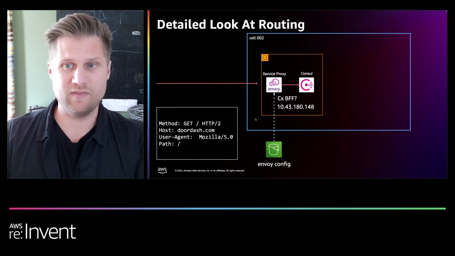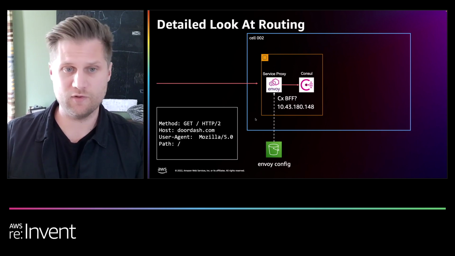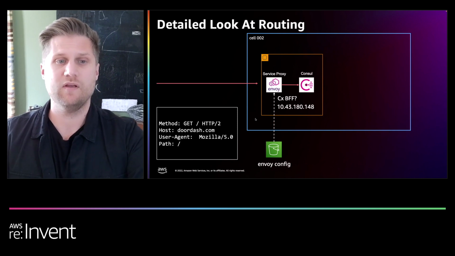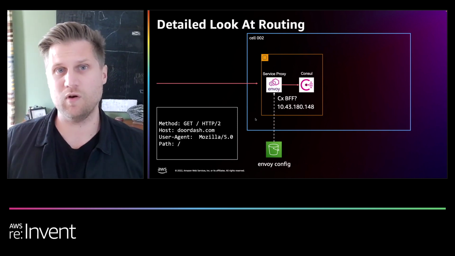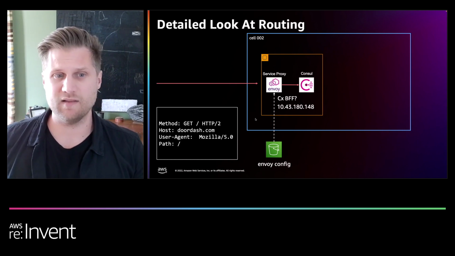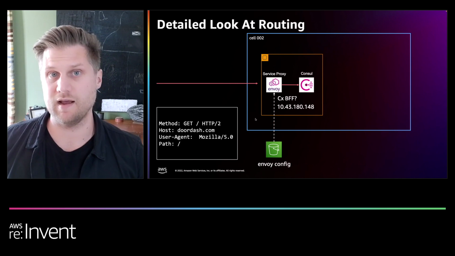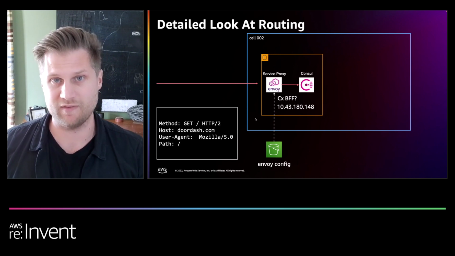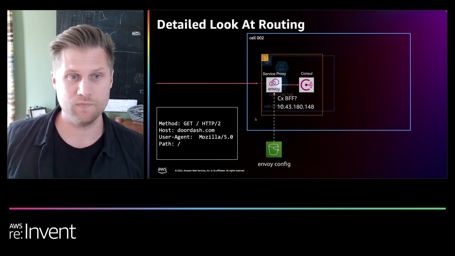Let's say the request in this case is trying to resolve the consumer BFF. Well, it uses the Consul DNS server to first resolve the request, and we return the IP for that service. The whole returning the IP thing is only really possible because we operate a flat network by leveraging the AWS VPC CNI in Kubernetes, which basically means that every workload in our cluster gets a resolvable IP address.